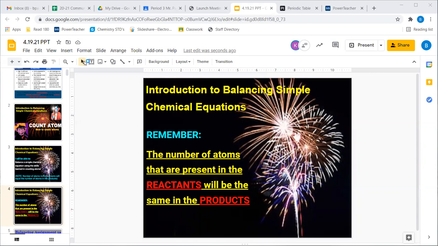All of those ingredients have a certain number of atoms. The cookies coming out on the other side have the same number of atoms. So with that being said, what stuff are we putting together to make the chocolate chip cookies?